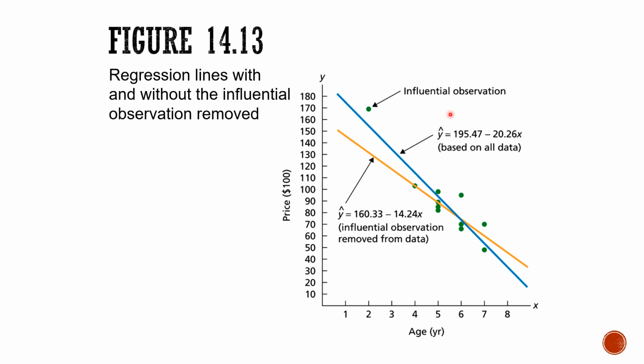Now we'll talk about what is generally called an influential observation. Sometimes in our data set, we may find what is called an extreme value or an outlier. That means that particular data point does not fit the general trend of the other data points.